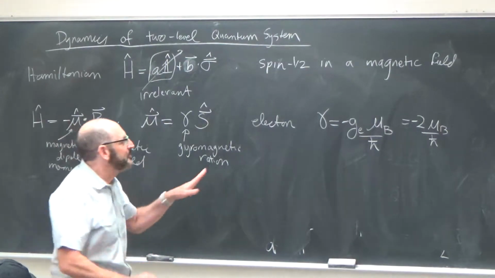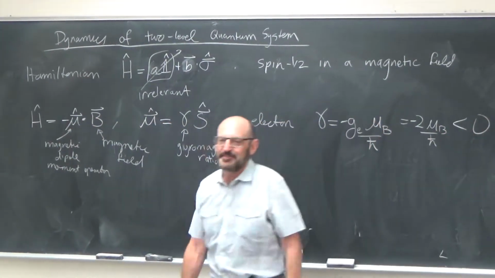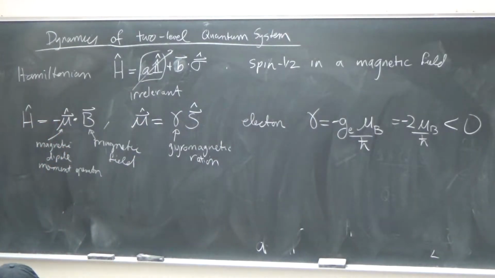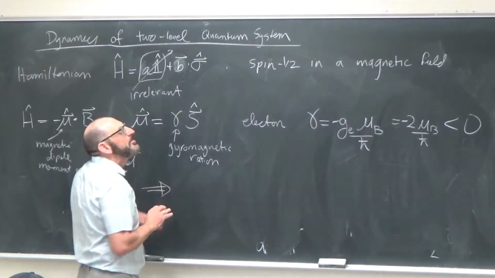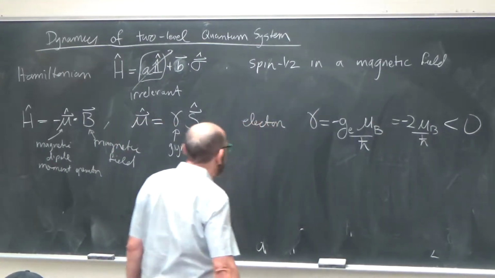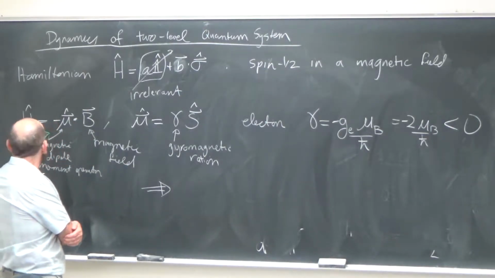By thinking about the gyromagnetic ratio as negative, it helps, because we get rid of an extra minus sign that we don't have to take care of anymore. In this case, although I don't have to think about it as an electron, I can just think about the case where the gyromagnetic ratio is negative.